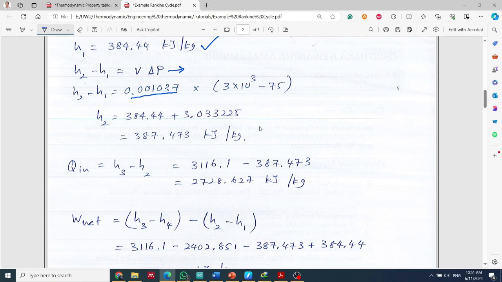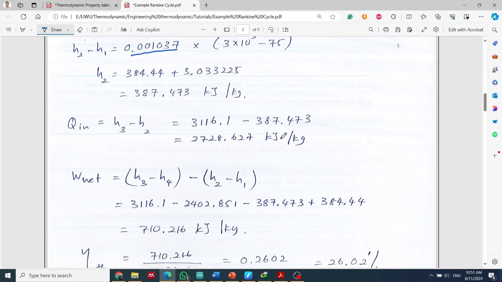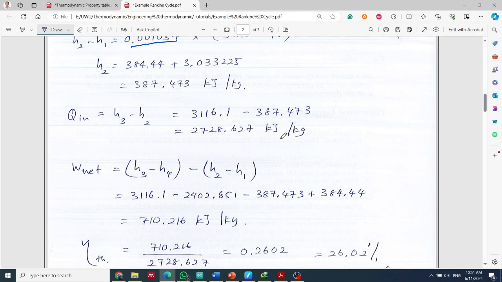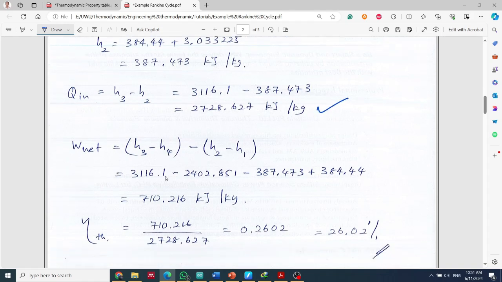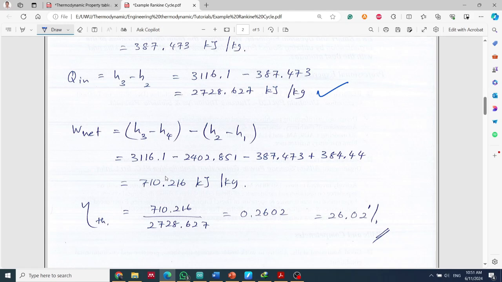Okay, so far we have figured out H1, H2, H3 and H4, all the values. Then we can calculate the Q in. So the Q in is H3 minus H2, all the values are known. Q in becomes 2728.627. Likewise we can calculate the W net as well. The W net equals H3 minus H4 minus, so this is work out and this is work in.